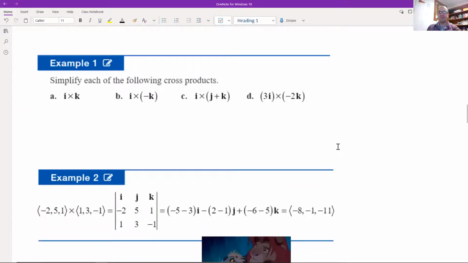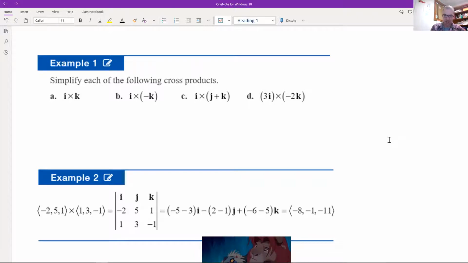Maybe this would be a good time to pause and try out any of these that you want to do. Try to simplify these 4 cross products using the properties that we mentioned above. I'll try to do them and we can compare answers. All right.